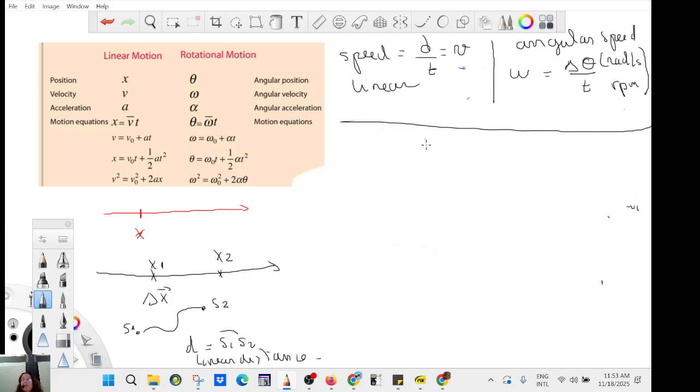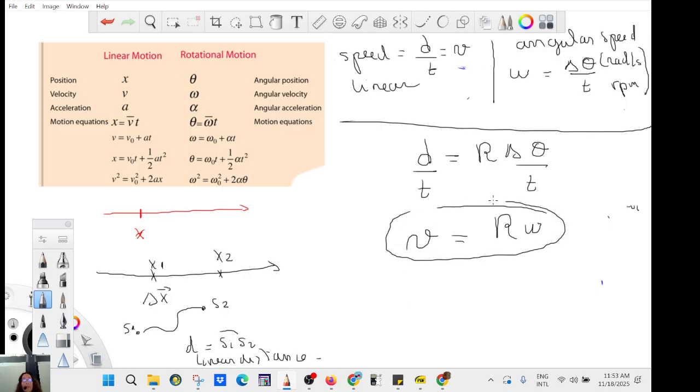We know that the linear distance is r times delta theta. If you divide both by the time, you're going to have the linear speed equals r omega. We already seen that equation. It just means that the farther you are from the center, the faster you're going to move, right?